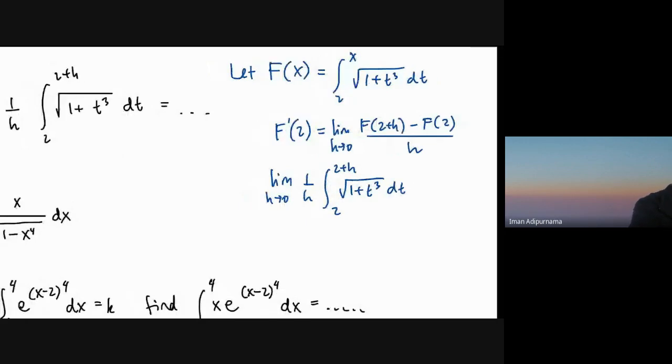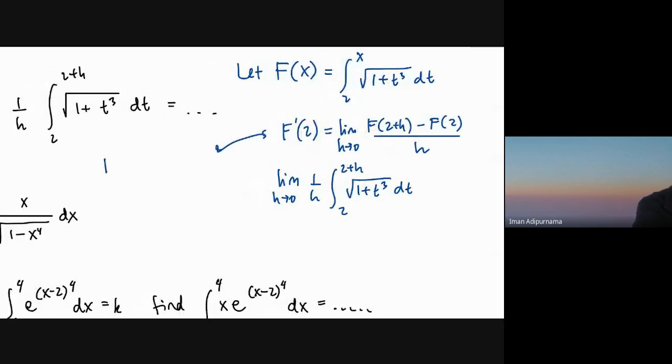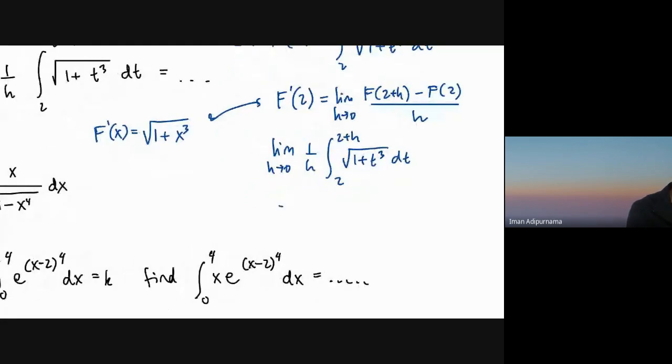And we know from here that the first derivative is 1 plus x cubed. Then this is actually saying that this is f prime of 2, which is 1 plus 2 cubed, or squared 9, 3.